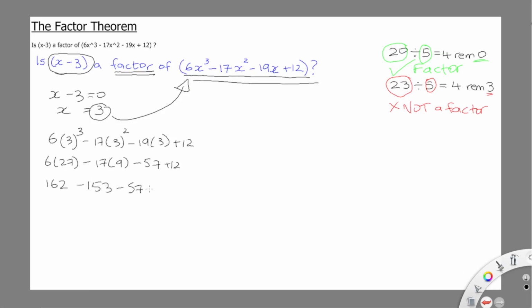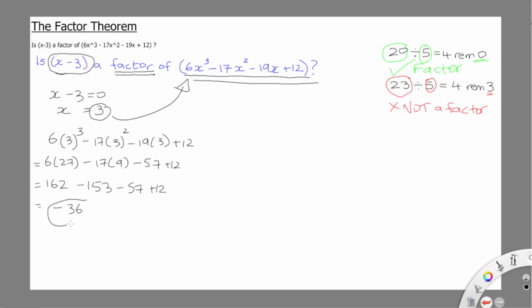Minus 57 plus 12. And if you add all these together, you get minus 36. And there we go. We've used the remainder theorem to find the remainder.